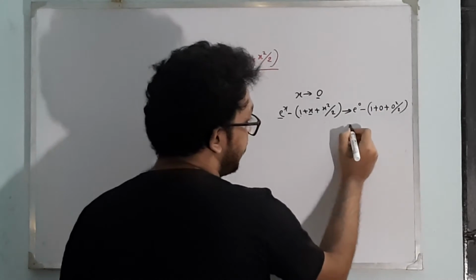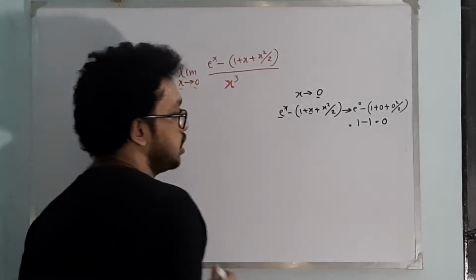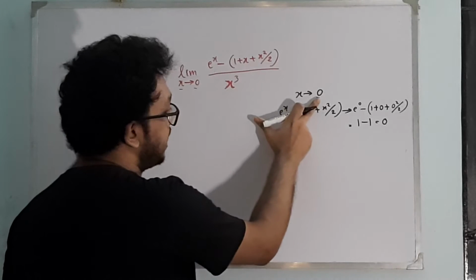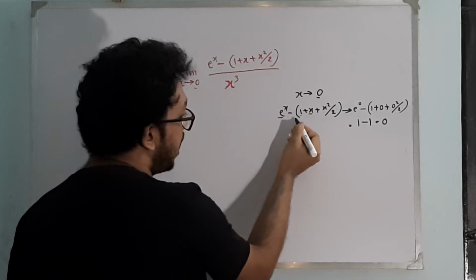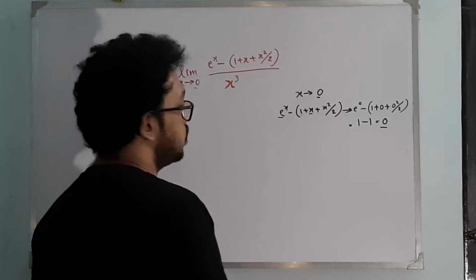So if I simplify this, e to the power 0 is 1, minus 1 equal to 0. So I observe that when the limiting variable x is tending towards 0, e to the power x minus 1 plus x square by 2 tends towards 0.